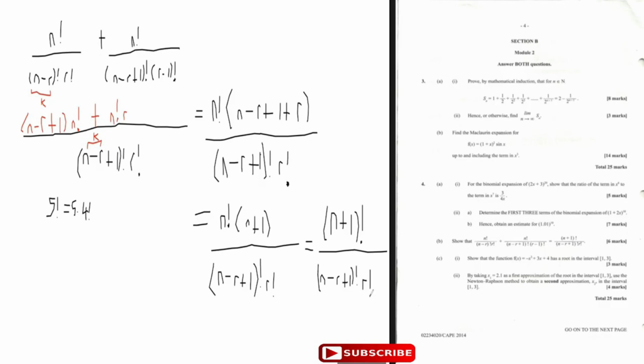So that's how we do that question. The proof is done and dusted, solved. So you can just tell them, too easy. Nice. Now let's look at part C.